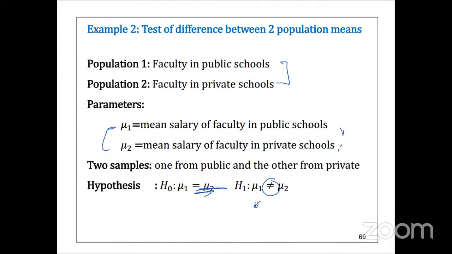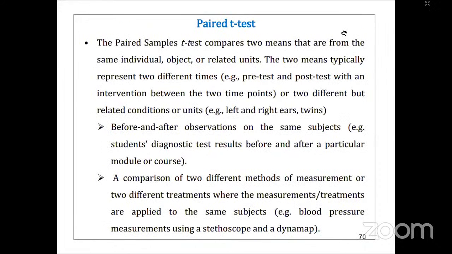So I can set up my alternative hypothesis that private schools are giving more salary. My alternative hypothesis can be this one, mu1 greater than mu2. So depending on the situation, you are going to choose the alternative hypothesis.